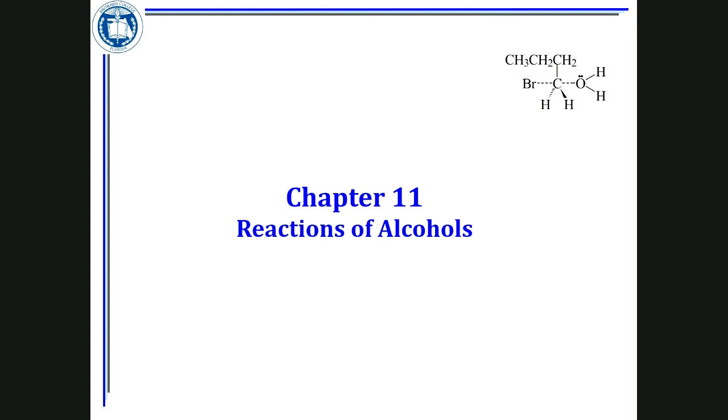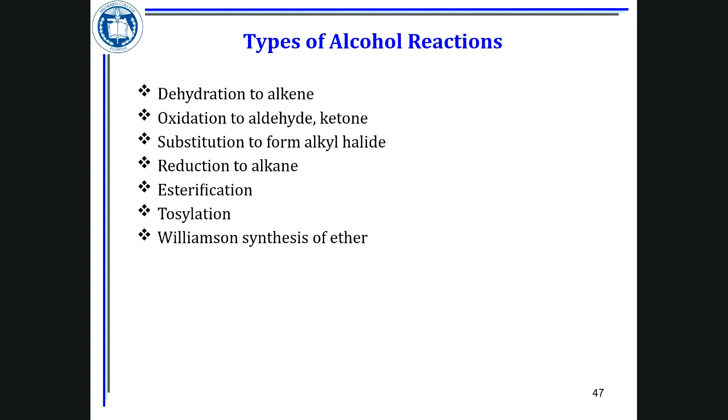What types of reactions could you make the alcohols go through? You're going to learn about all of it in this chapter, but this is the list of the reactions. We have dehydration to alkene, covered in chapter 7.